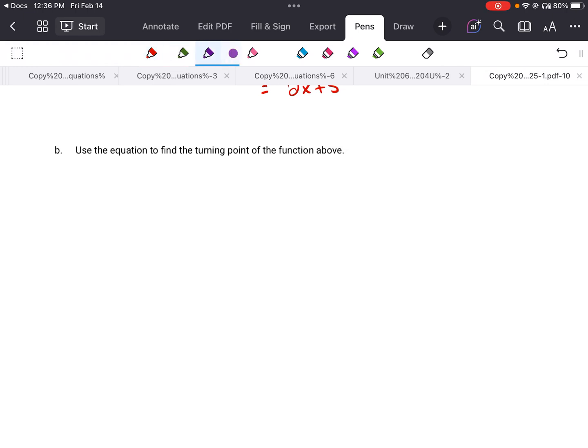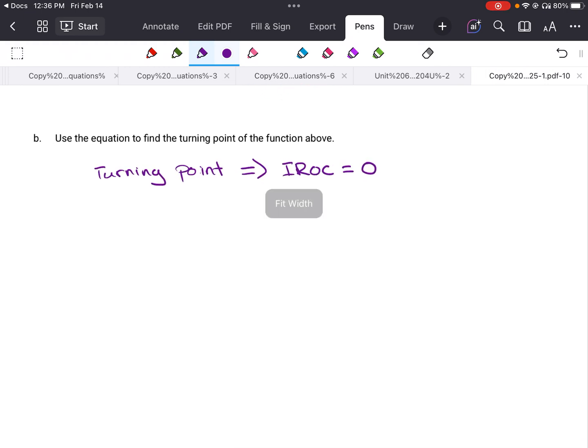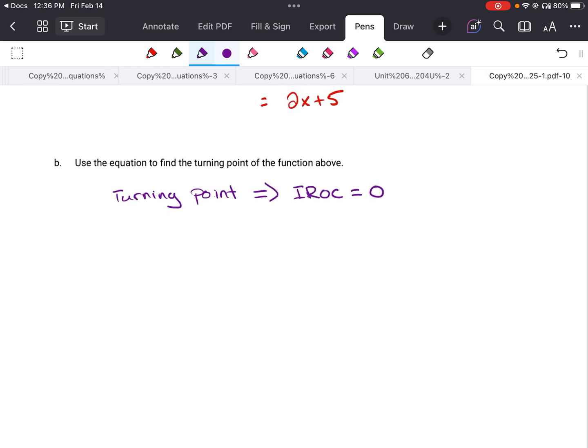We're going to use the equation to find the turning point of the above function. The turning point occurs when the IROC is 0. And we know for this equation the IROC equals 2x plus 5.